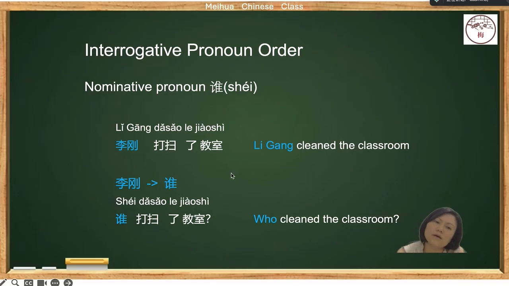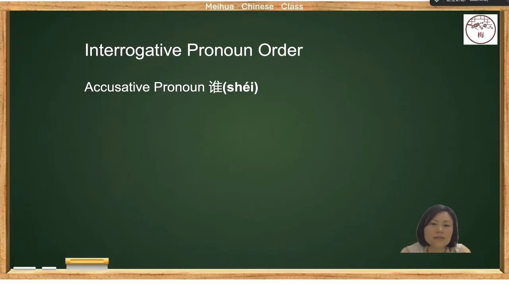This is an easy one because the nominative pronoun is always working as the subject in the sentence, right? So the order is the same between Chinese and English. Let's look at another example. Accusative pronoun.